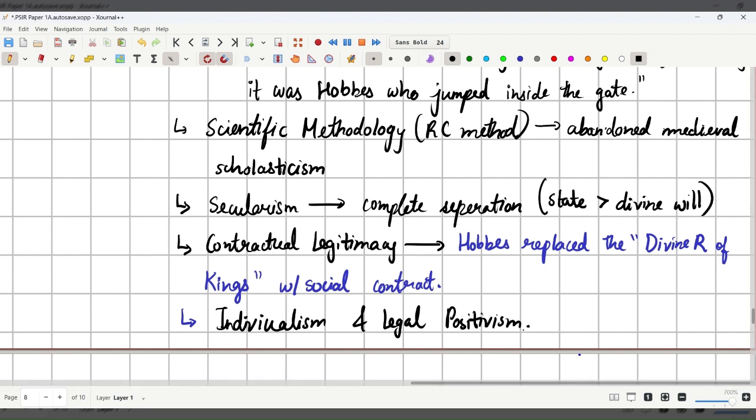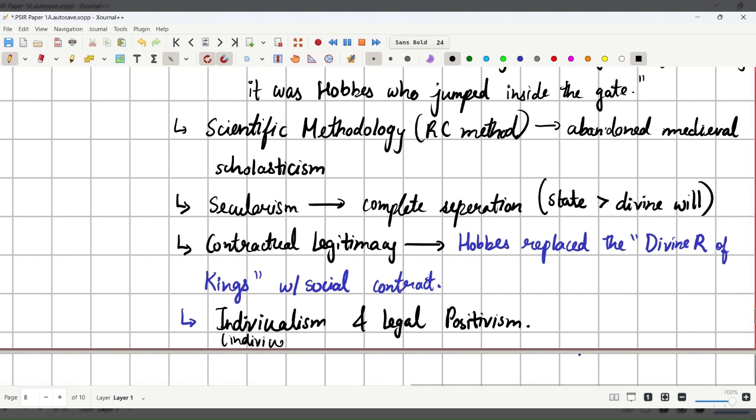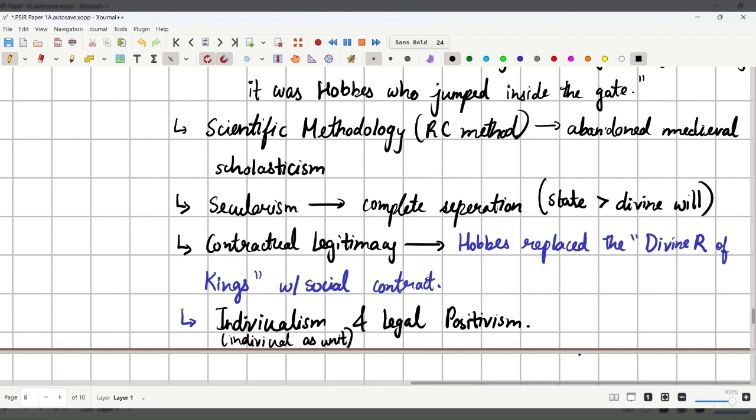His individualism basically means that he was the first to build a systematic political theory starting from the individual as the unit of state. And legal positivism basically means the command of a definite sovereign authority, backed by the power of enforcement.